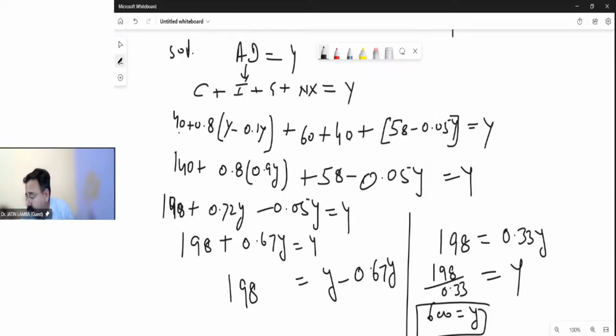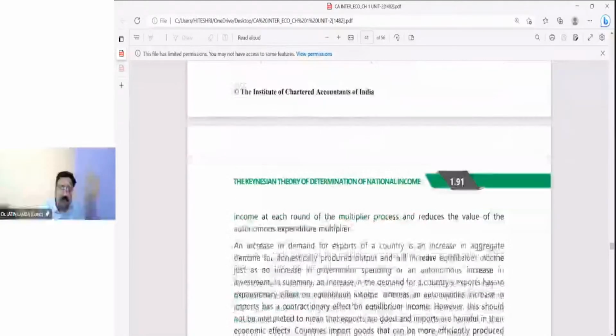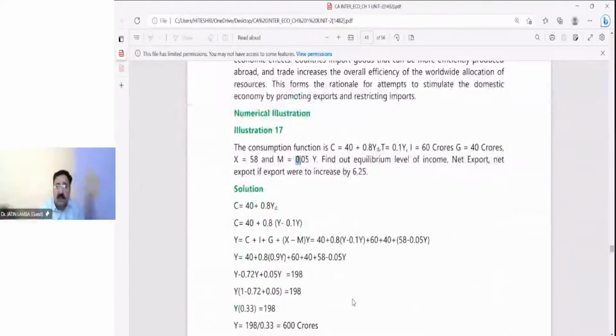Is it clear or any doubt, बच्चों? No. Let's see what the other part of the question is. The next part is to find out the net export. We have to find net export too, so first let us find the net export.